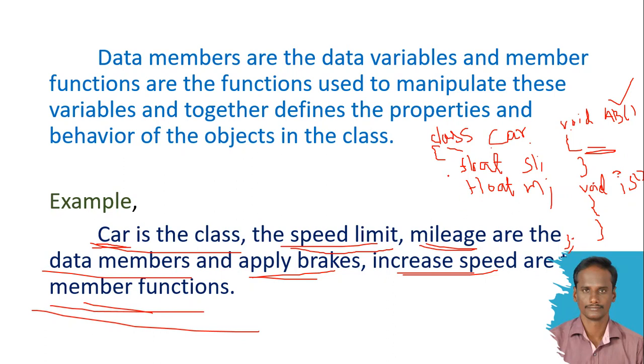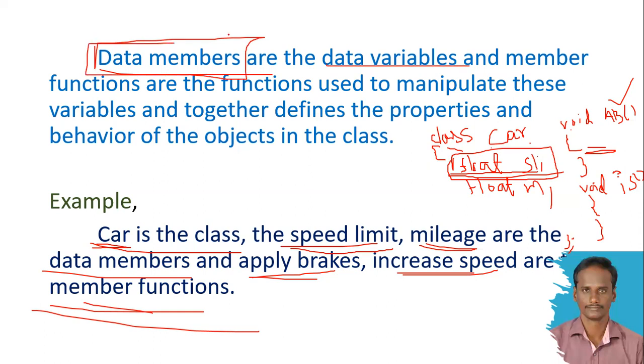So this is all the class definition. You just see it's a normal variable declaration. But what we have done here is we are declaring these variables inside the class. If we are declaring any variables inside the class, we can call them data members.